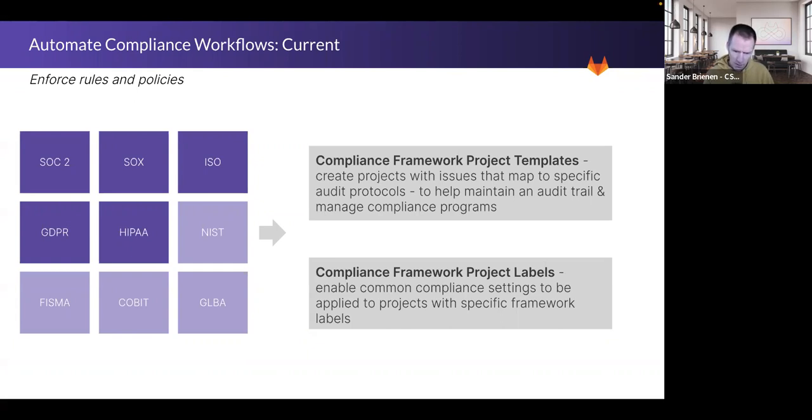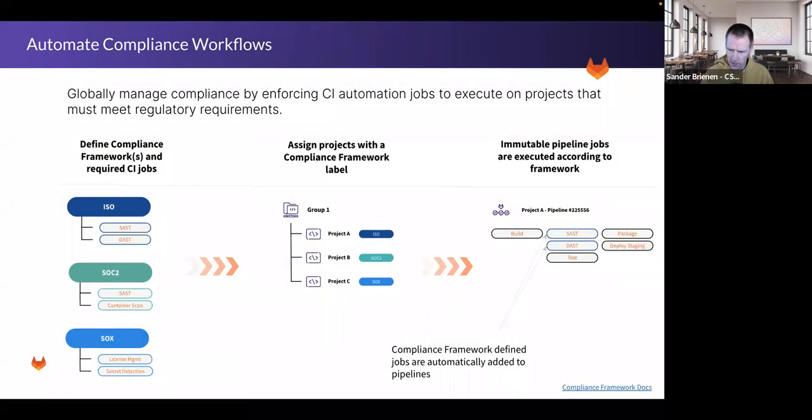GitLab also offers compliance framework project labels, where you can enable common compliance settings to be applied to projects with a specific framework label. So how does it look a little bit? Well, first of all, you define your compliance frameworks and your required CI jobs based on specific compliance.